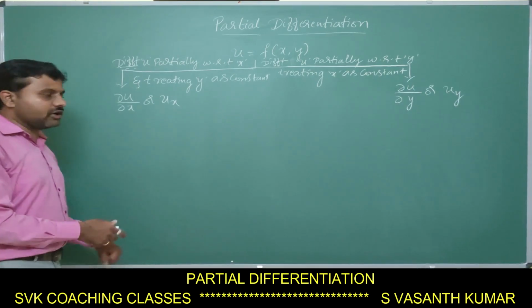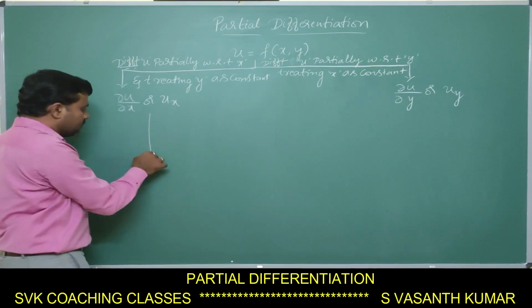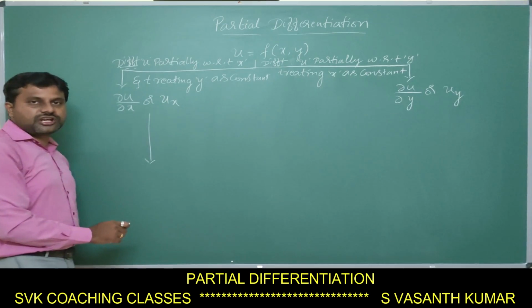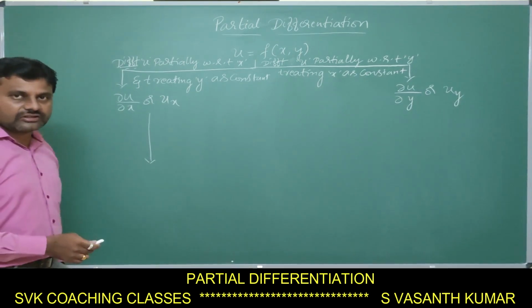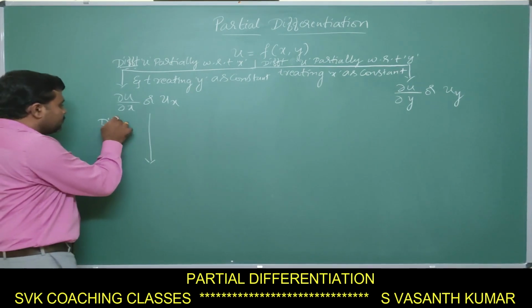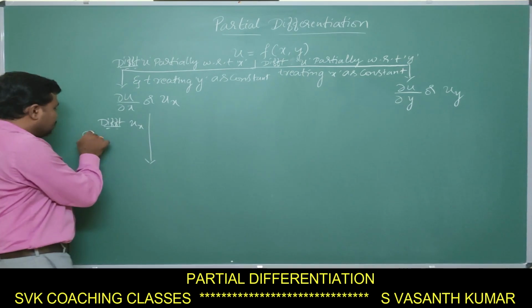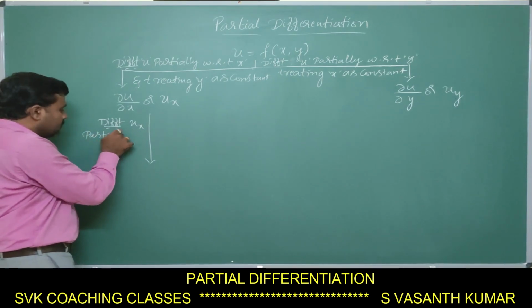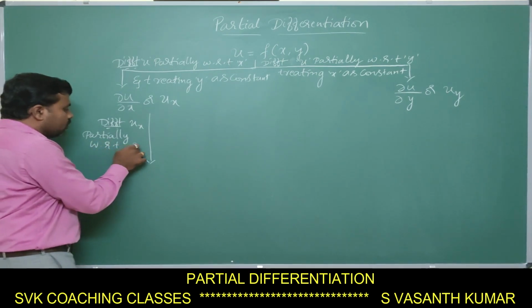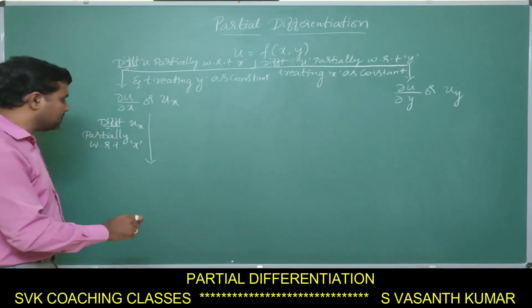Now let us go with higher order derivatives. If you differentiate further, differentiate ux with respect to x again, that is called a higher order derivative. We are differentiating ux partially with respect to x itself.